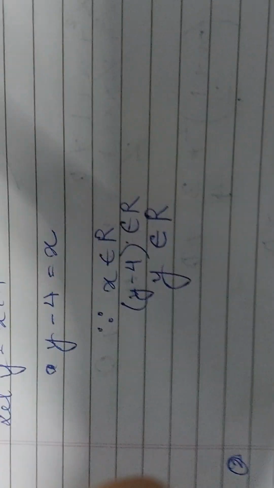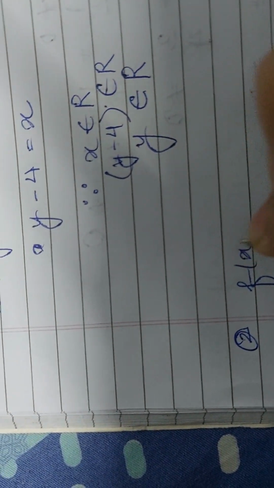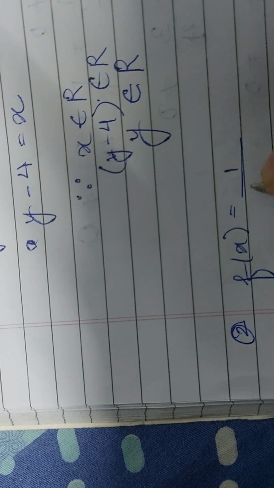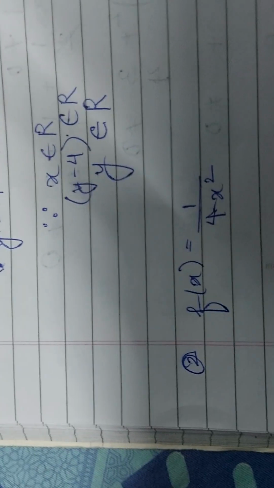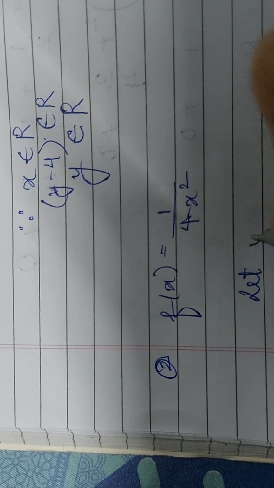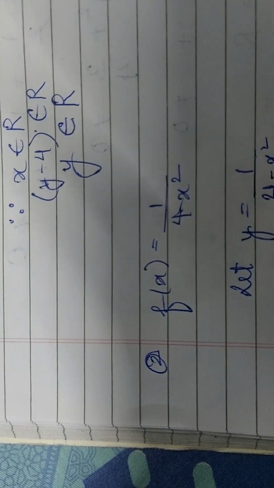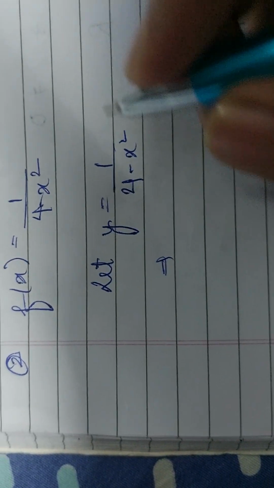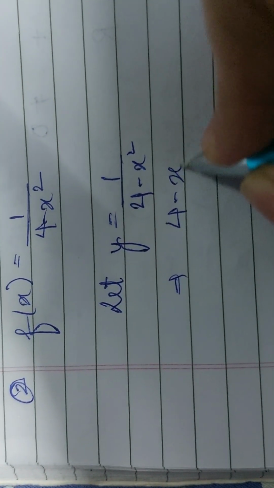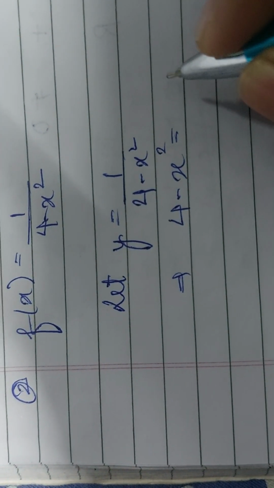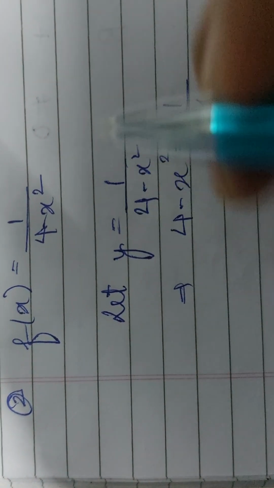The second function is 1 by 4 minus x square. So let y equal 1 by 4 minus x square. 4 minus x square is 1 by y, inverting it.